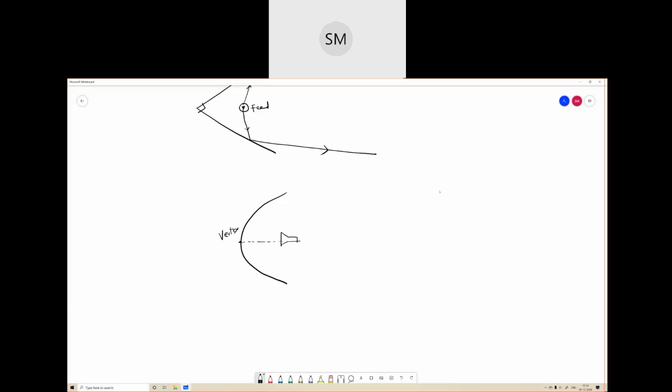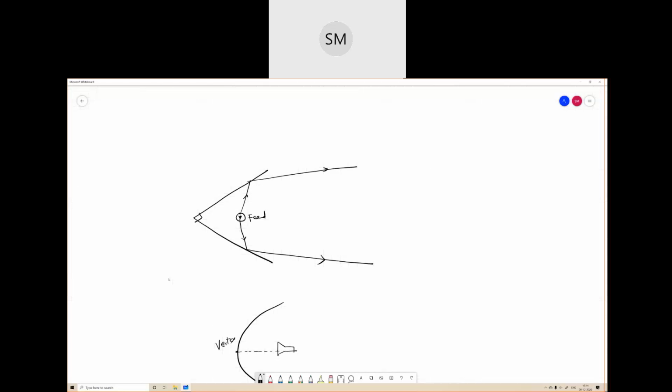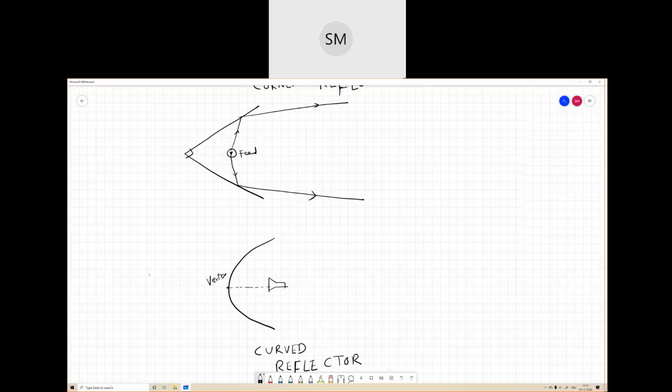This is called a curved reflector. This is my feed. The feed can be a horn antenna. It can be some other antenna as well.